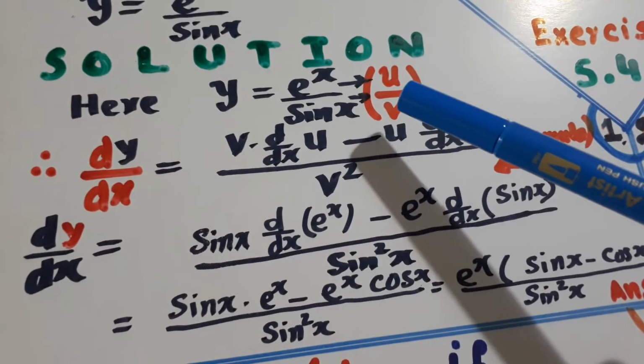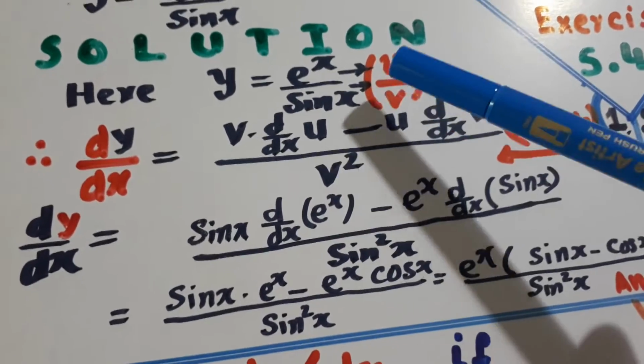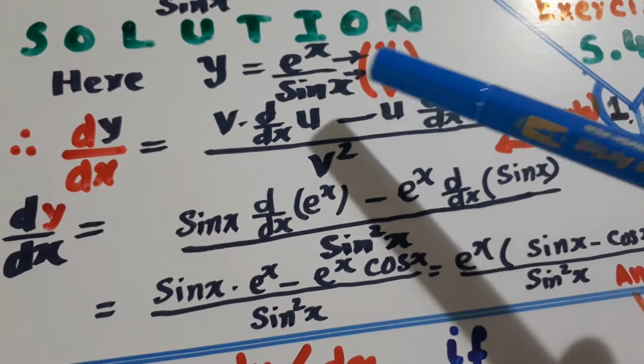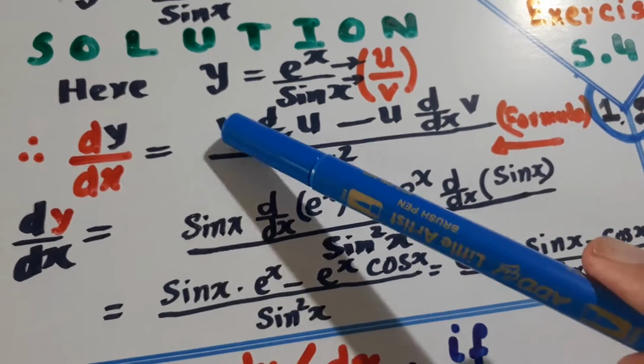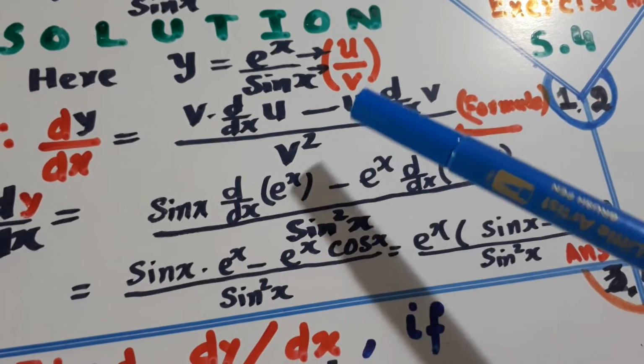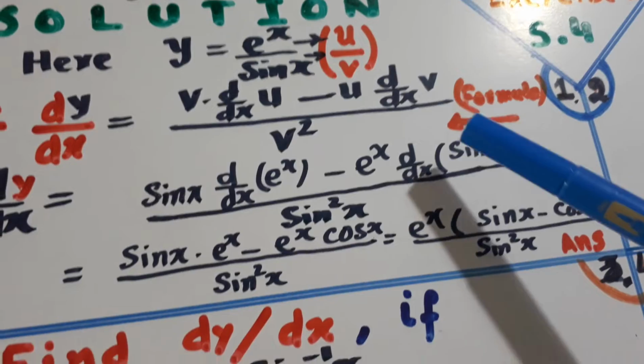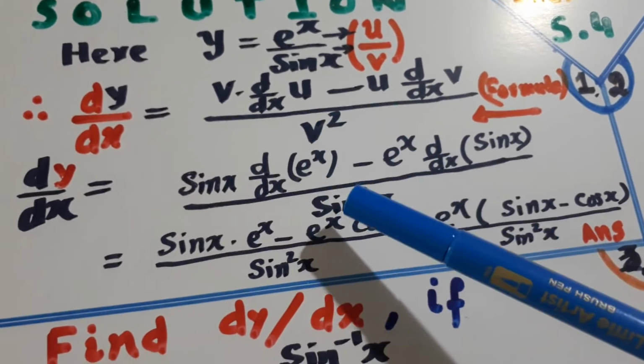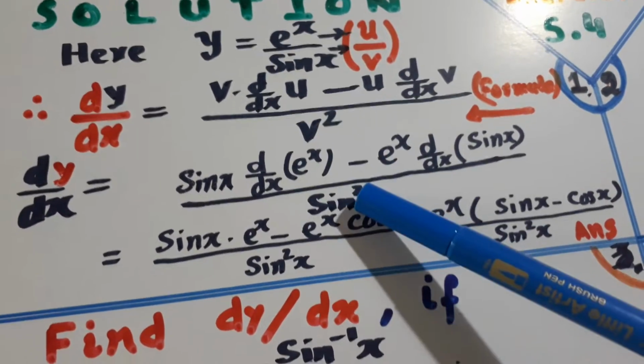Now substitute the values of u and v. U is e raised to power x and v is sin x. So the denominator is v square, sin square x.